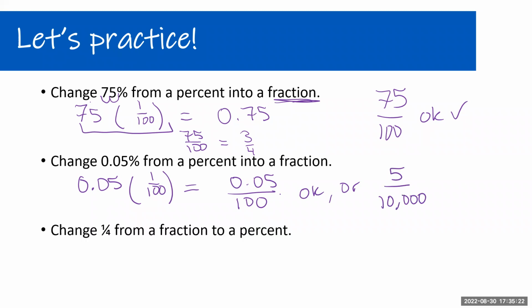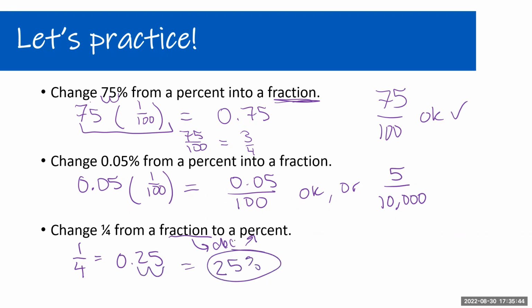What about if we want 1/4 from a fraction to a percent? Well, remember first that we want to go fraction to decimal to percent. So 1/4 in our calculator is going to be 0.25. Making that into a percent is going to be 25%.